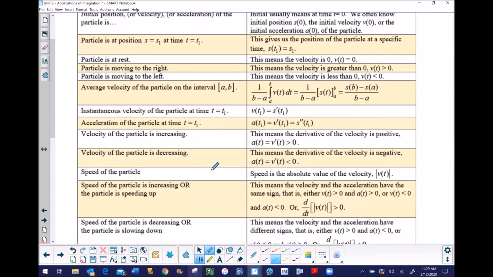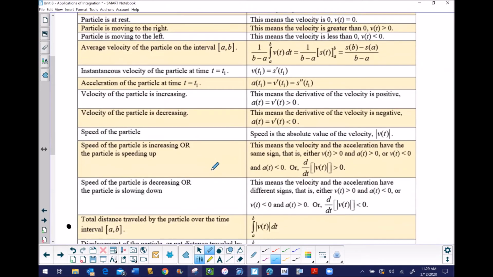Absolute value of V. Let's see, where did we see absolute value of V? Anybody see absolute value of V? Right here it is, right? Highlighting that there. And it's the speed of the particle is the absolute value of the velocity.